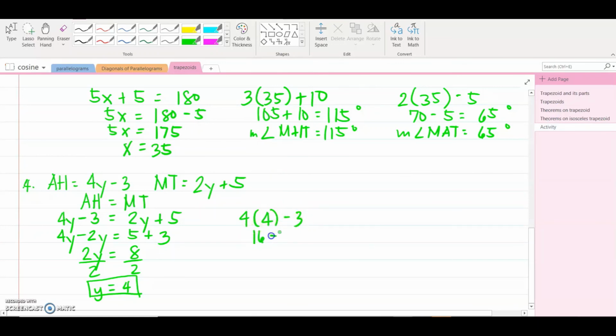We have 16 minus 3, that is equal to 13. So therefore, AH is equal to 13. The same with MT. If we check MT, you have 2 times 4, 8, plus 5, is also 13. That is the answer for number 4.